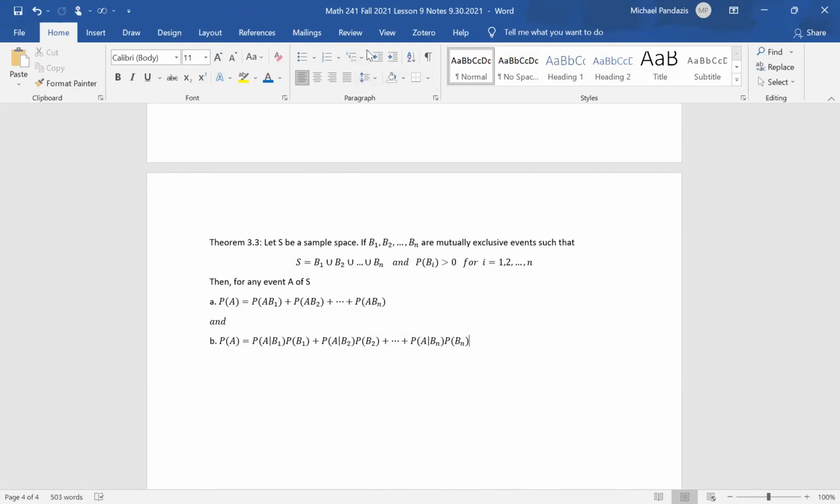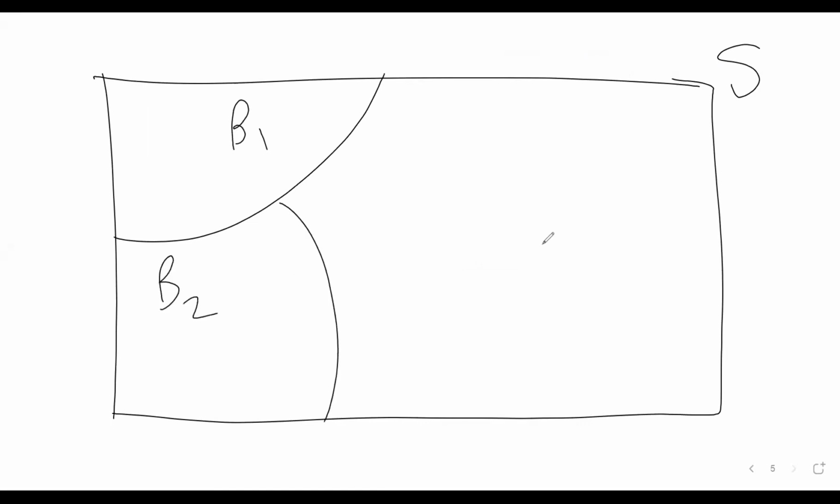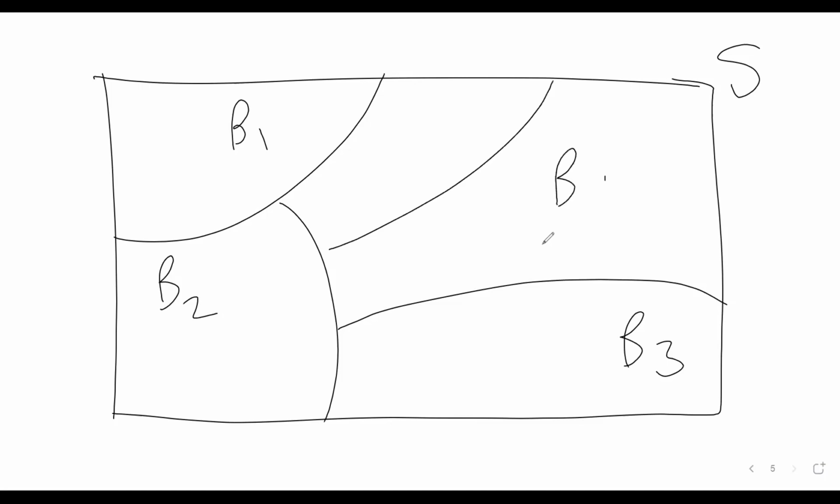what's happening here is you're basically saying that if you have your sample space S, you're just partitioning it with these B's. So for instance, this could be B1, this could be B2, this could be B3, and so on up to Bn.